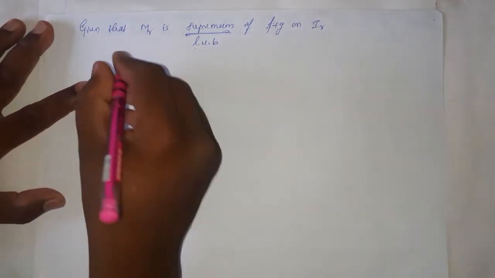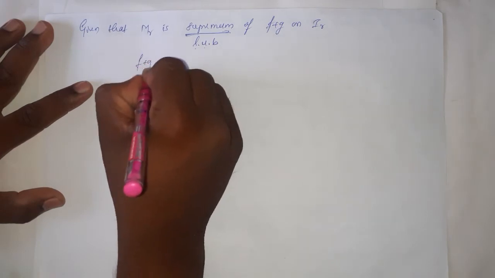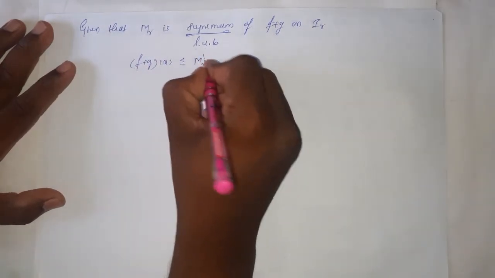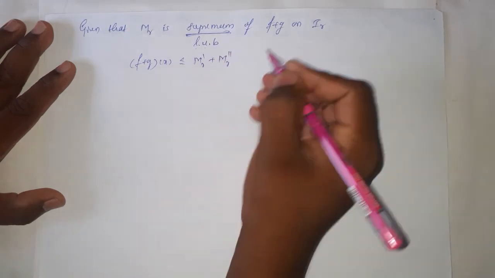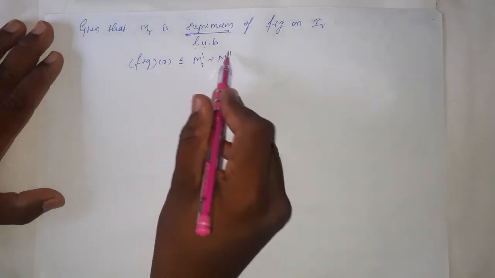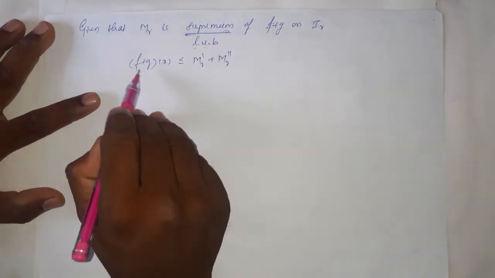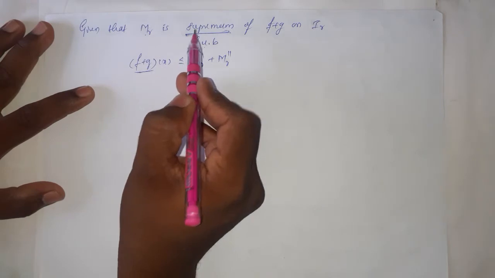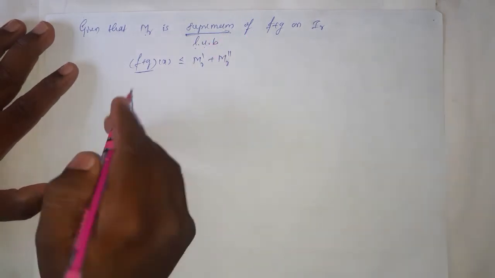Now, in the previous equation we got that f plus g of x is less than or equal to Mr dash plus Mr double dash, meaning this value is an upper bound of the function f plus g, and this Mr is the least upper bound of the same function.